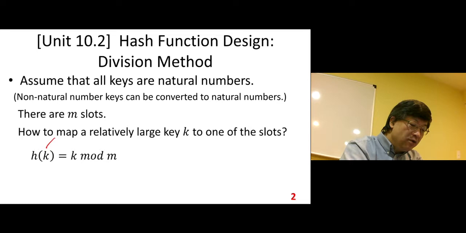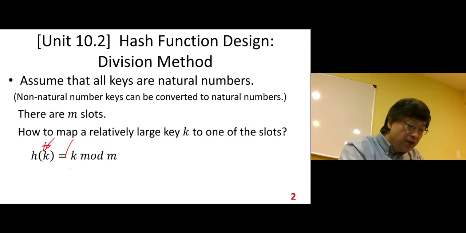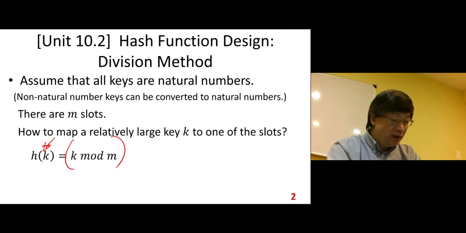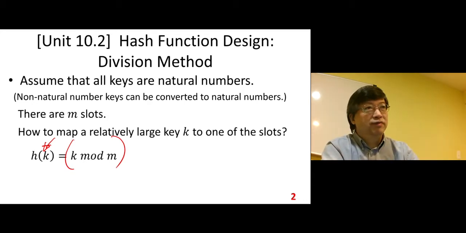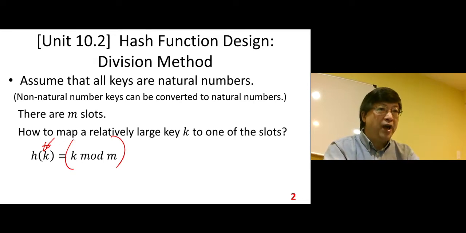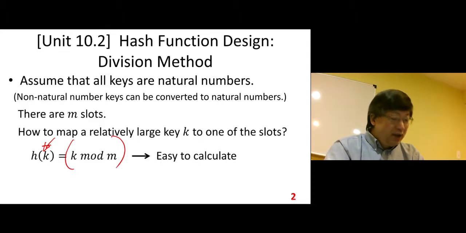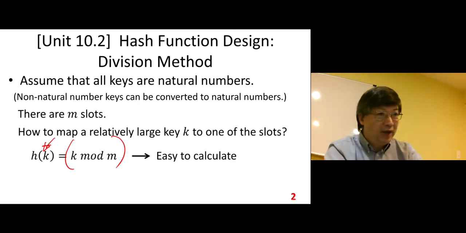You enter the key into the function, and the output is this value. Modular operation, mod m, where M is the number of slots. That's the simplest hash function. Very simple, fast, right? We can evaluate it extremely fast. Easy to calculate.